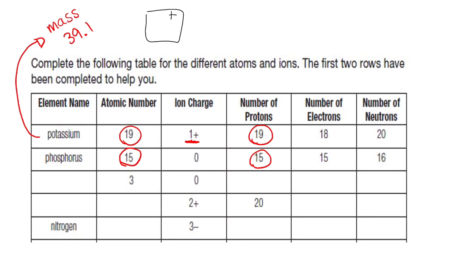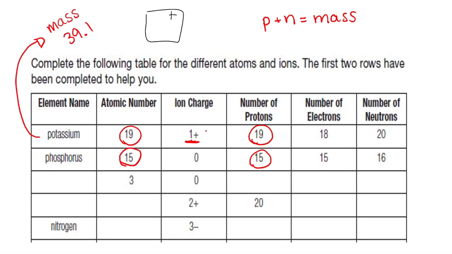And the reason we do that is because protons plus neutrons equals mass. So if we take protons away from mass, then you end up with just the number of neutrons. So, and to check this, we would go 19 plus 20 neutrons gives us our mass of 39. Again, remembering that that 0.1 is just because of an average, so we round it to the whole number.